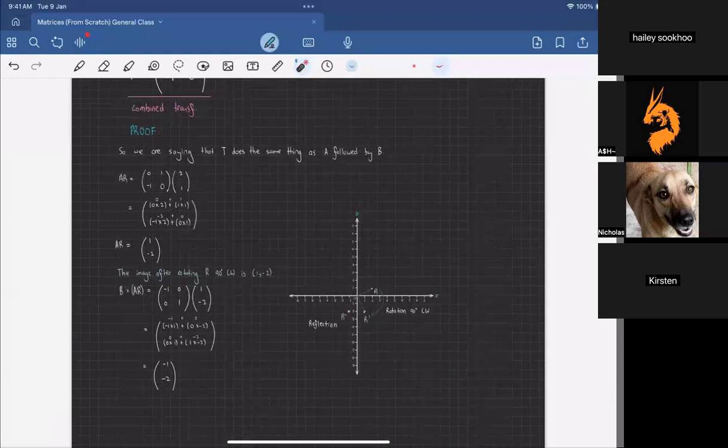So if I multiply my object by A, what am I doing to the object? Kira, if I multiply the object by matrix A, what does matrix A do?